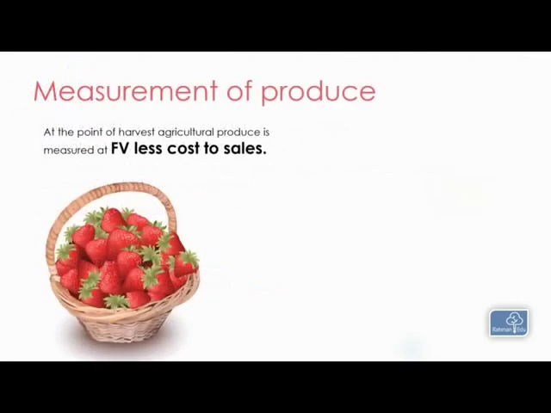So we have talked about biological assets a lot. Now let's check how to measure agricultural produce. At the point of harvest, agricultural produce is measured at fair value less cost to sell. And any gain or loss on initial recognition is presented in profit or loss, like biological assets. Remember, fair value less cost to sell.